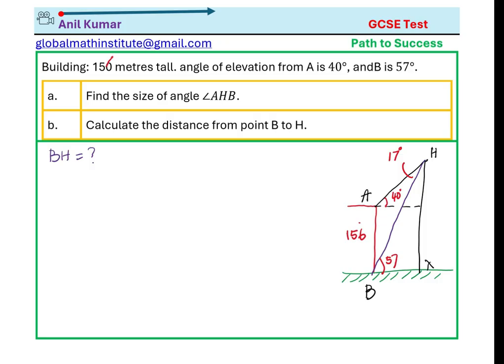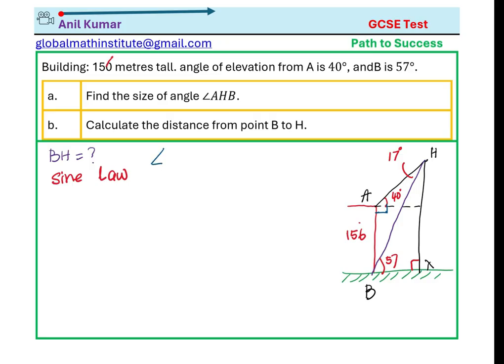Now, how do we find BH? Couple of ways to do it. We could actually use the sine law here, right? Sine law. So for that, we know this is 90 degrees, correct? So the angle at A is 40 plus 90, 130, right?